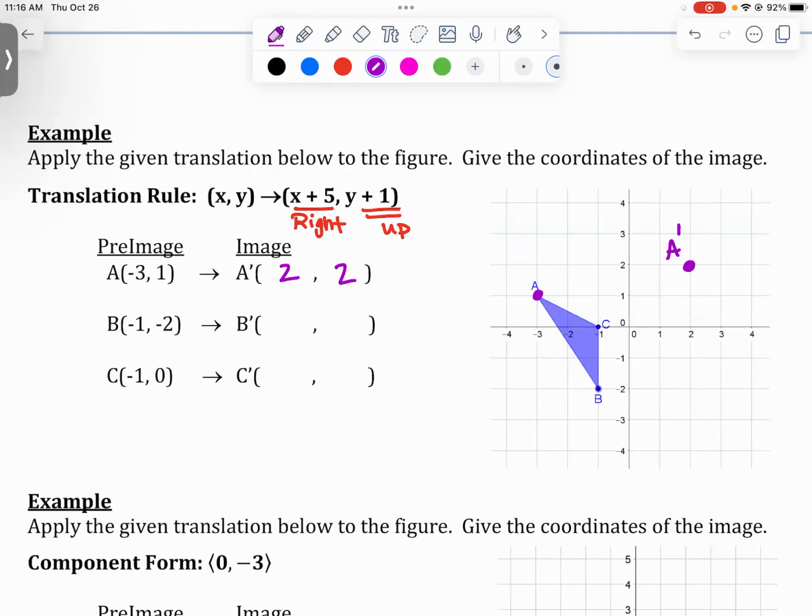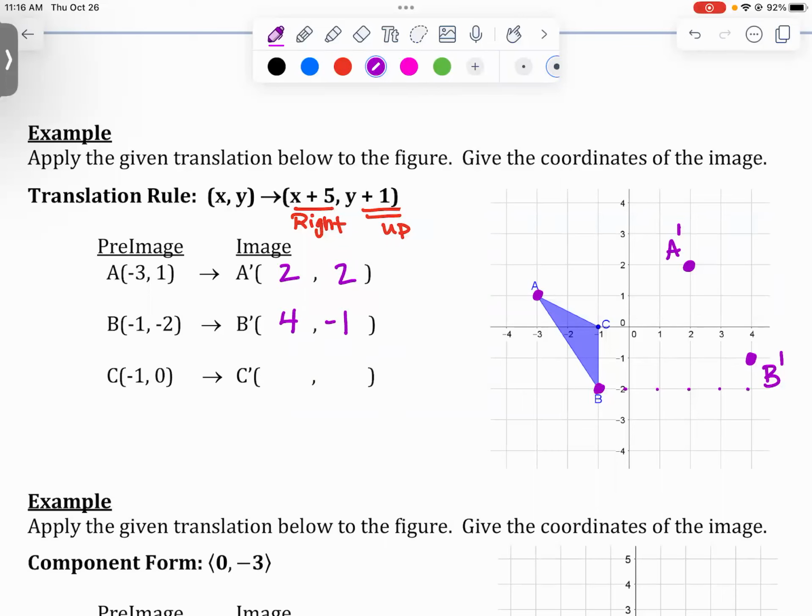Great. Now I'm going to go to coordinate B, and I'm literally going to count 1, 2, 3, 4, 5 to the right, and then up 1. There is my B prime. Brayden, what's that coordinate? Negative 4, negative 1.